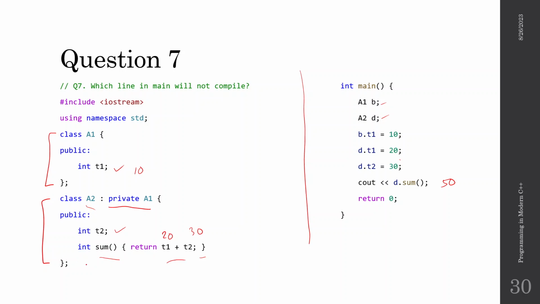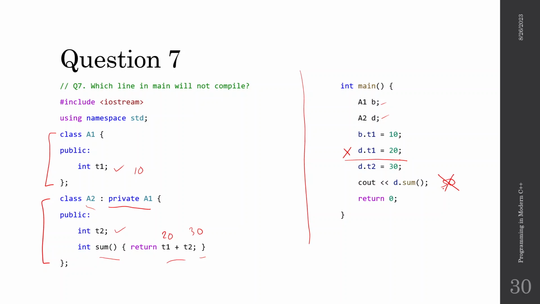So if you create any object of A2, you cannot access the data members of A1 from outside the class. Specifically this line, D dot T1, will not compile, because D is an object of type A2, which means D is an object of the derived class. So there won't be any output either.